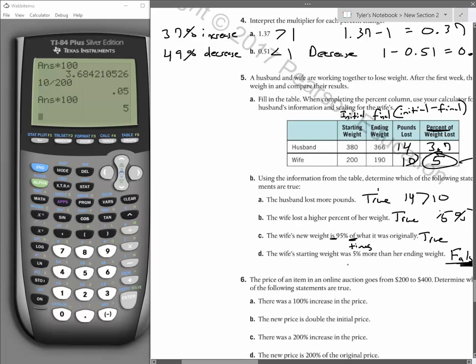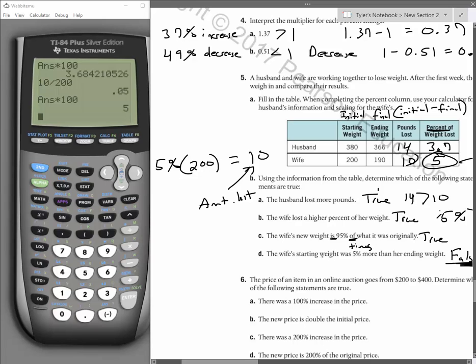If I take 5% times the starting weight, which is 200, this will give me 10. This is the amount lost. So she lost 5% of her previous weight.